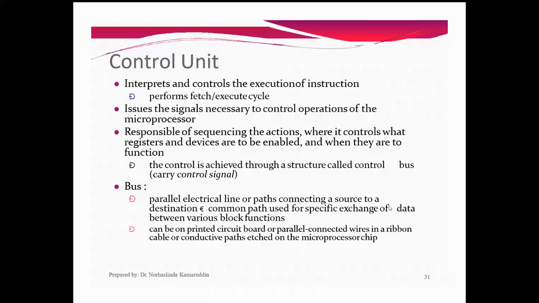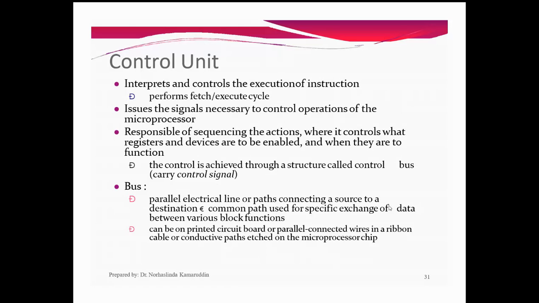So all the instructions yang dalam high level language tu, dalam programming ke, Python ke, or whatever it is, dia akan change into a machine language and the responsible to do that is your processor, through your control unit. So your control unit berfungsi untuk interpret the controls. Apa yang diperlukan oleh program tersebut. So the issue of the signal necessary to control the operations of the microprocessor.